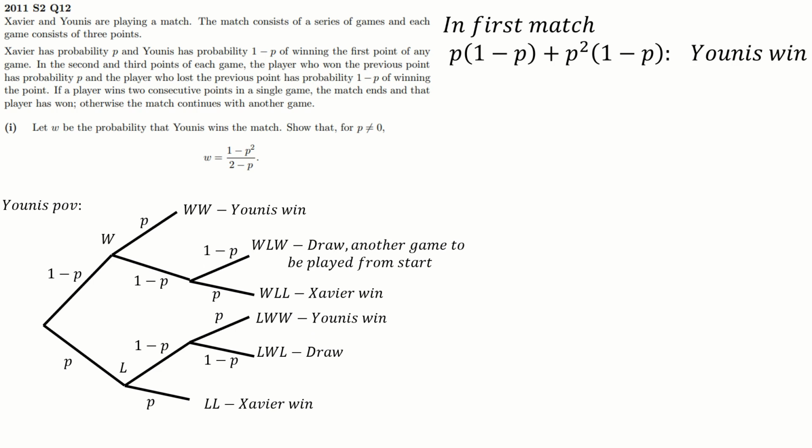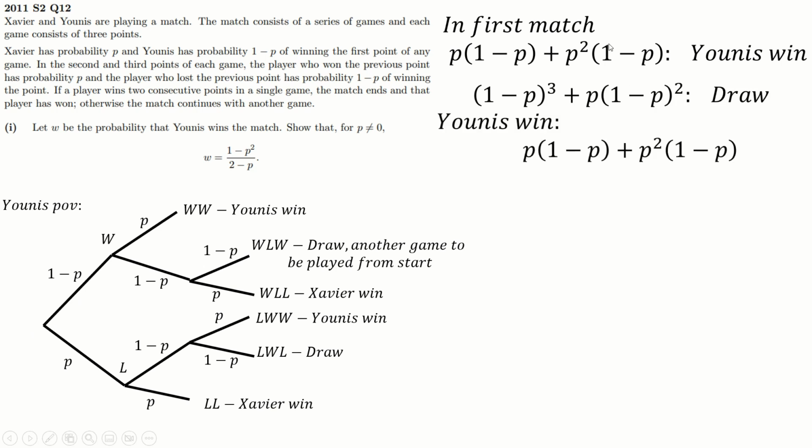So we've got to factor all of that in, and that's where this division is going to come from, because that's the chance of him winning if he wins in the first match. But if they draw first, which has chance of this times this times this, plus of course this times this times this, if they draw first, then we can say, okay, well, let's times that by the probability of him winning the second game, which is the same as the probability of winning first.